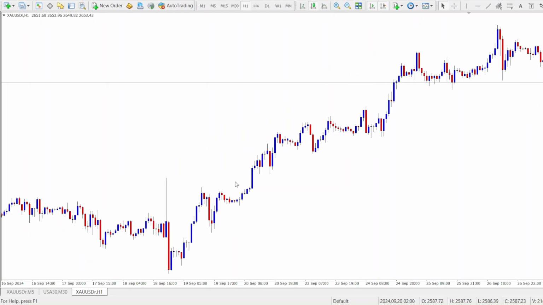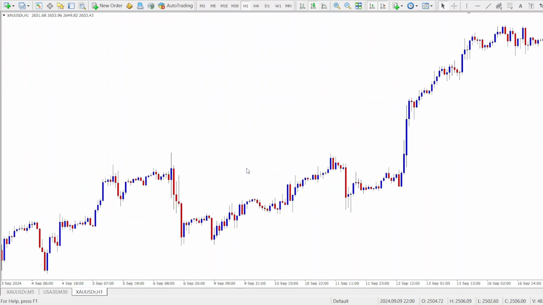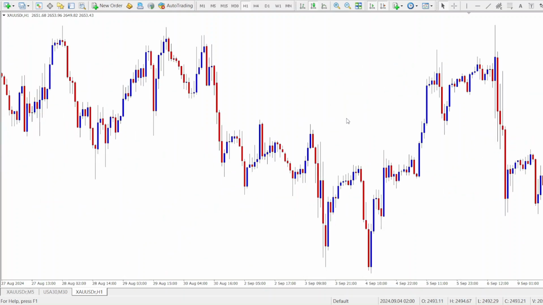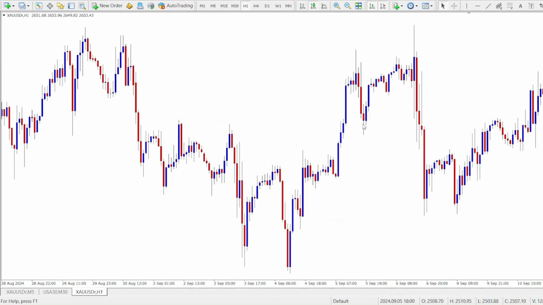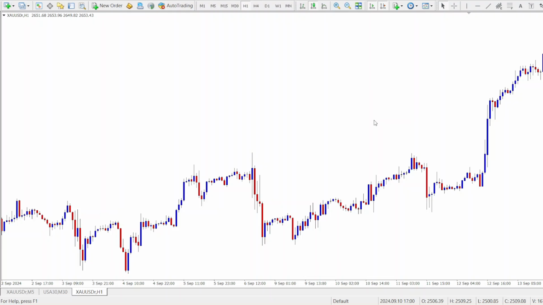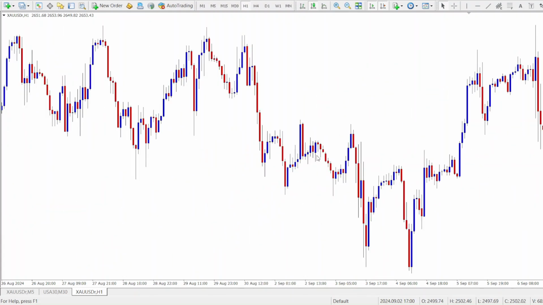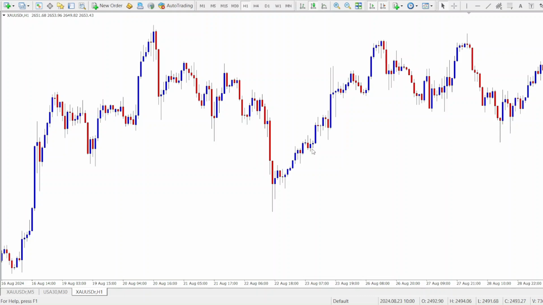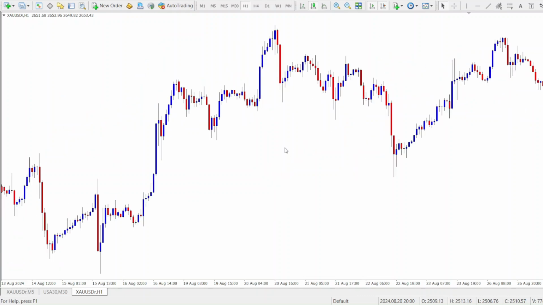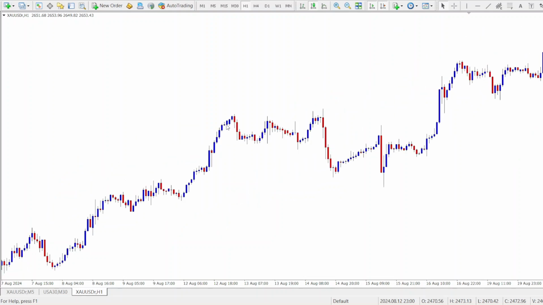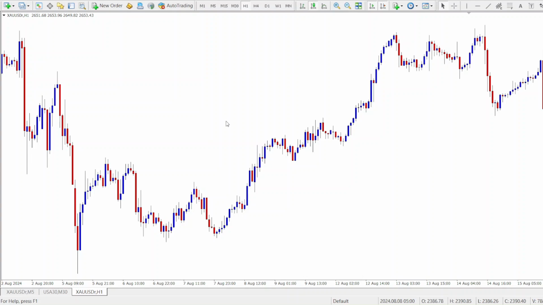So basically, the bullish engulfing pattern is used by traders who are looking out for either bullish continuations in a buy trend or the start of a bullish trend at the end of a sell trend. At the end of a sell trend, you can find a bullish engulfing form, or at the continuation of a buy trend, perhaps after a pullback.